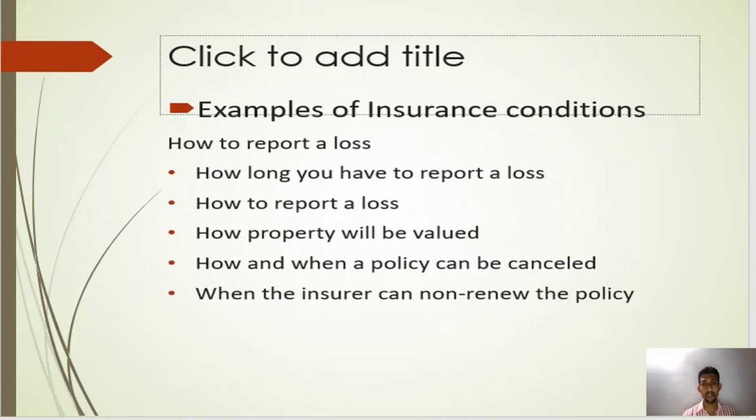Some of the examples I would like to highlight: how to report a loss, how long you have to report a loss, how property will be valued, how and when a policy can be cancelled, when the insurer can non-renew the policy. Likewise, there are a lot of examples of conditions in the insurance policy.